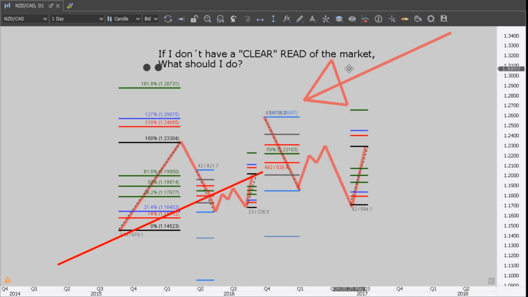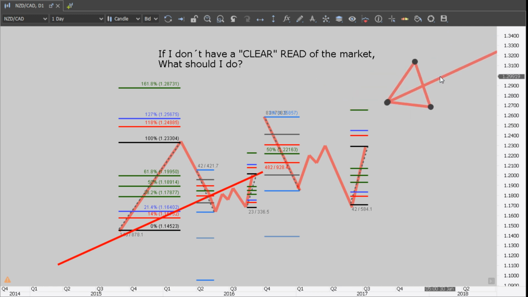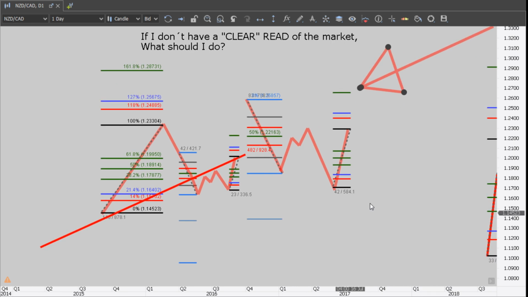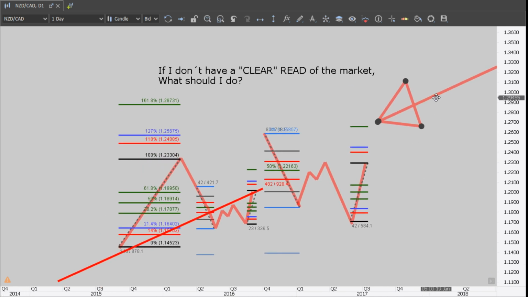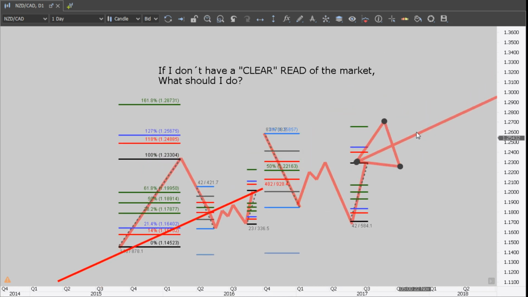This is even better question. You know, if I don't have a clear read, if I don't understand, I mean, the market is up, but it broke the uptrend line and it found the confirmed C, but it's on the other side of the uptrend line and I have a lower high, you know, what should I do? Should I go long? Should I go short?